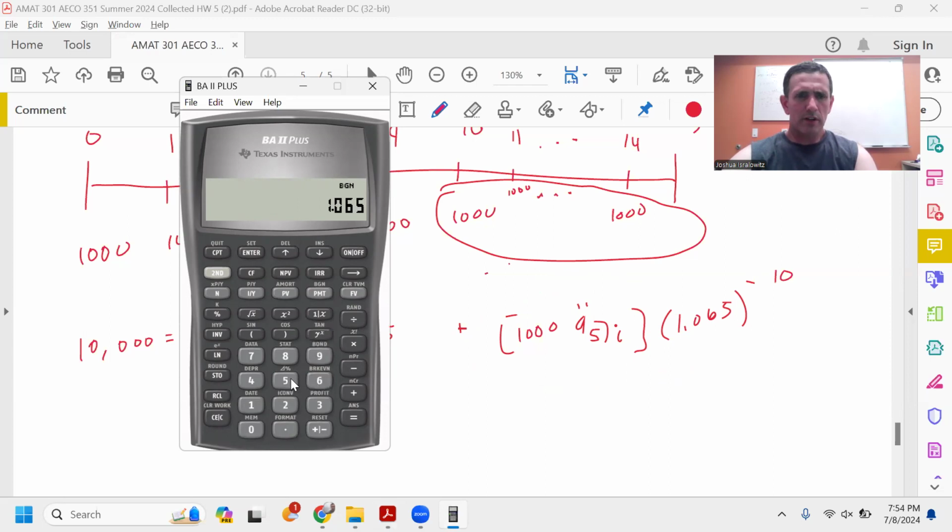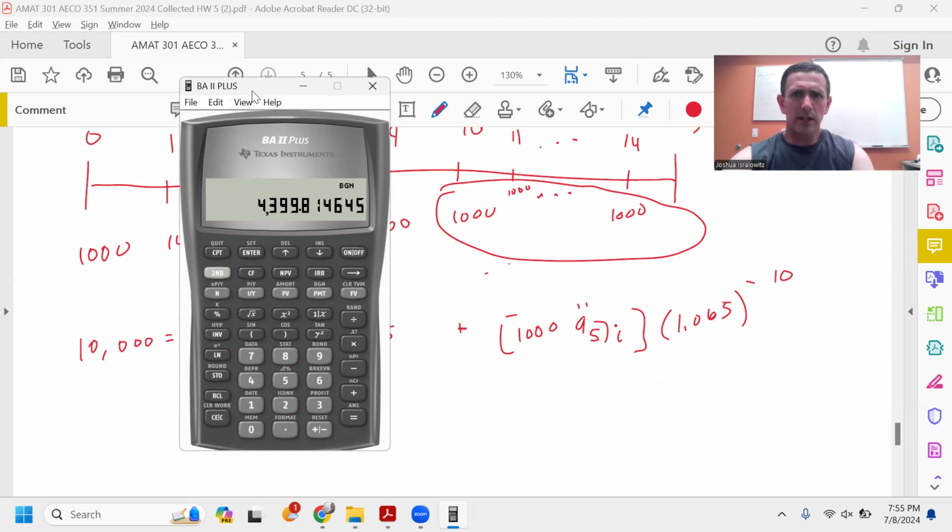That's a much bigger number, almost double. So you get a totally different answer. I think it's something like 15 or 20% for i if you don't remember to properly discount by 10 years.